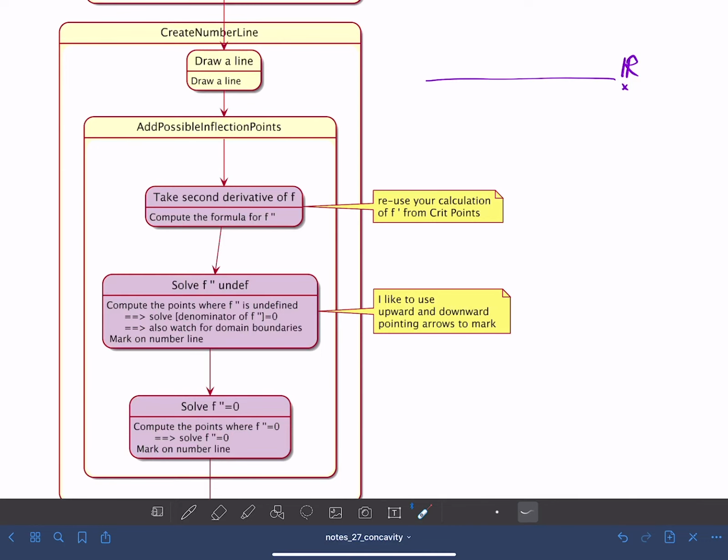So how about I call the possible inflection points, this collection right here, my P-sub-i's for my possibles. I'm going to put those on here, and we'll just put as many as I have. So that's going to help me with my number line.